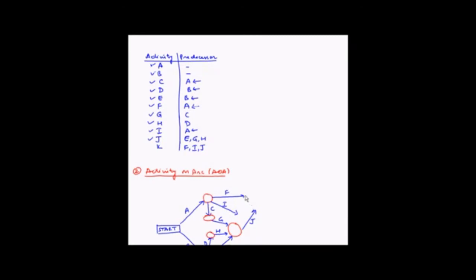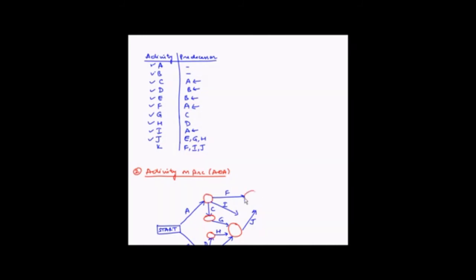But at the same time, K is dependent on the completion of I and F. So what do we do in this case? So what we can do is we can draw a node here and point a dummy activity from I to K. So let's try doing that.